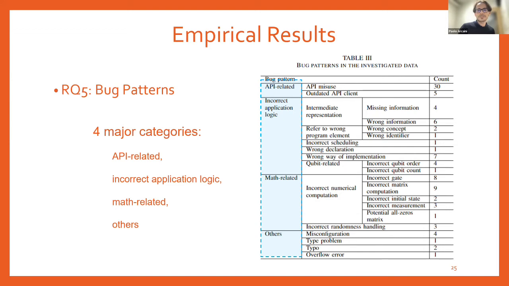Because at first, when I saw API related, I was thinking, okay, but API related are common also to normal programs. So which of these patterns is more affected by the quantum?